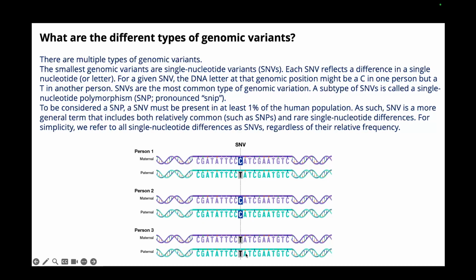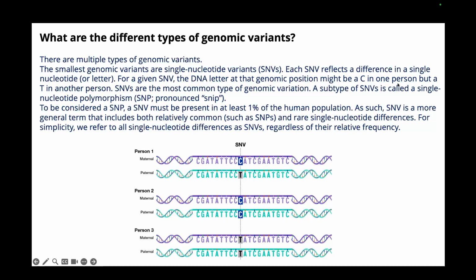But yeah, there can be different types of variants. So the smallest genomic variants are the ones that I was talking about, the SNPs or the SNVs, the single nucleotide variants. It's basically a single nucleotide change. So it can be from a C to T, C to A, C to G, whatever the reference allele is. The alternate will be something different to what is actually there in the reference genome.